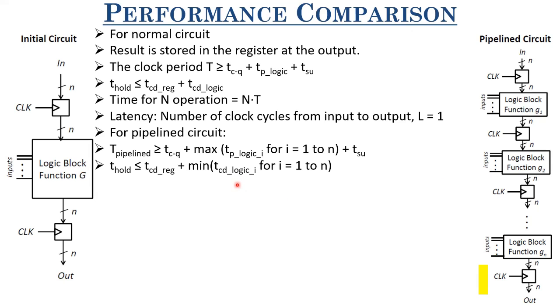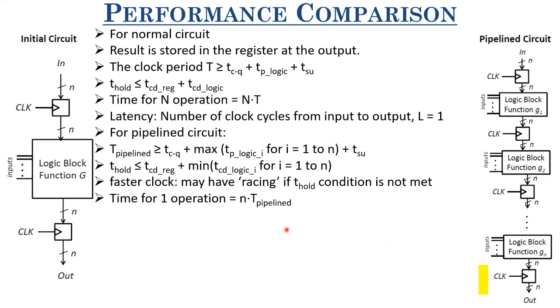So this is a constraint we should be very careful about. We can have a faster clock, but we may have a racing condition if the T hold condition is not met and the minimum TCD of the logic is pretty small. So we have to ensure that the race condition does not happen.